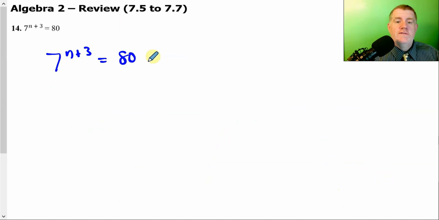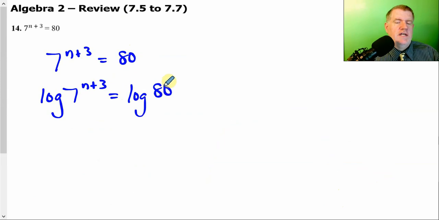We have an unknown exponent, so it's time to log. Doesn't matter if you use ln or log, as long as you use a log. Okay. So if I take the log of both sides, that means that n plus 3 comes down.